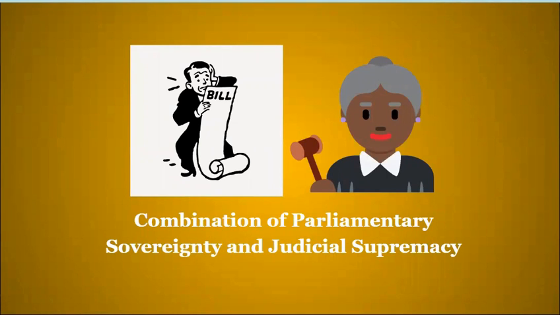So the Indian parliamentary system differs from the British system, and the scope of judicial review power of the Supreme Court in India is narrower compared to the US. The American Constitution provides for due process of law, and in India we have procedure established by law. Please read about this. Therefore, the framers of the Indian Constitution had come up with a proper combination between the British principle of parliamentary sovereignty and the American principle of judicial supremacy.